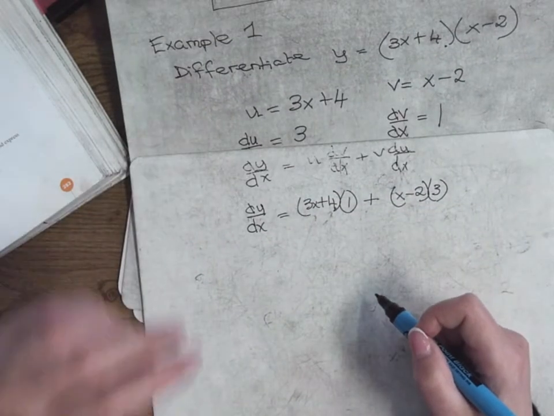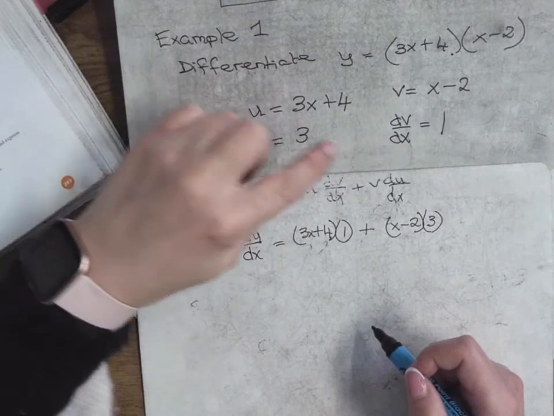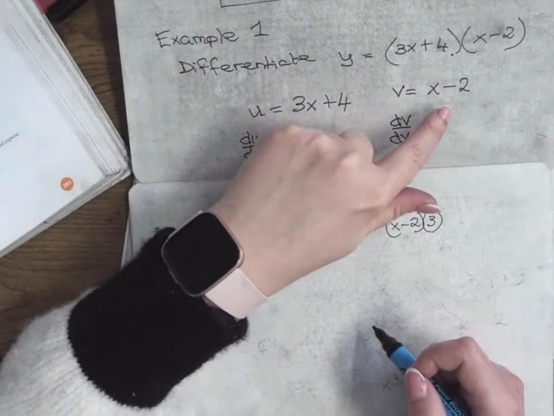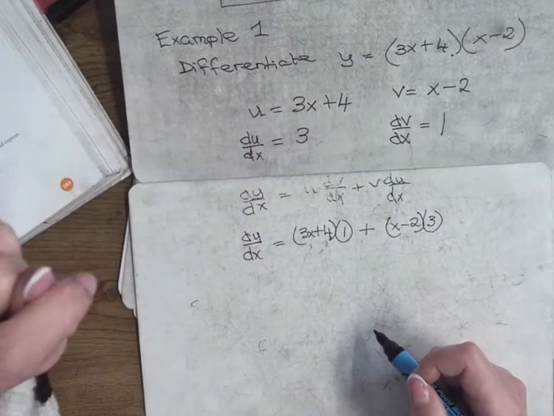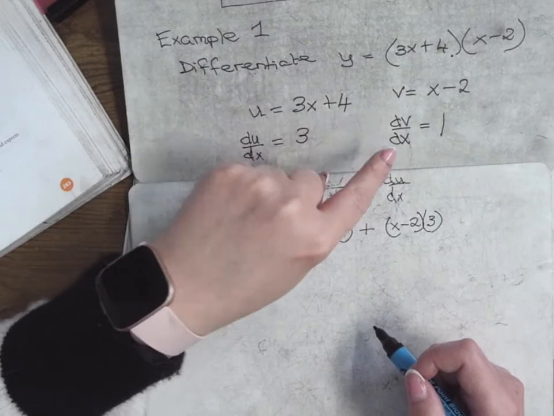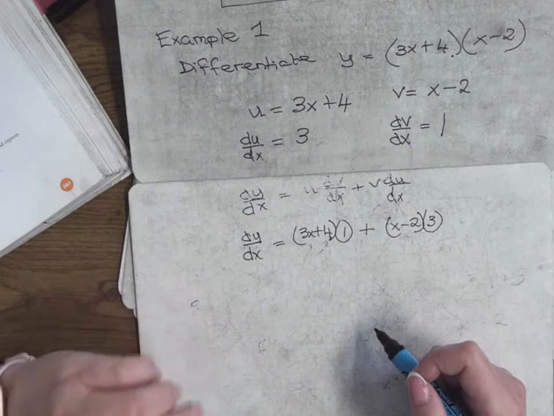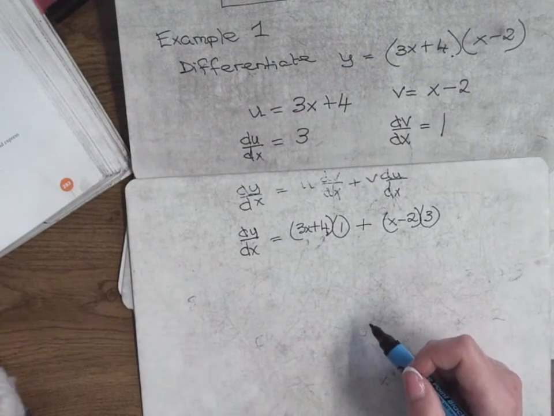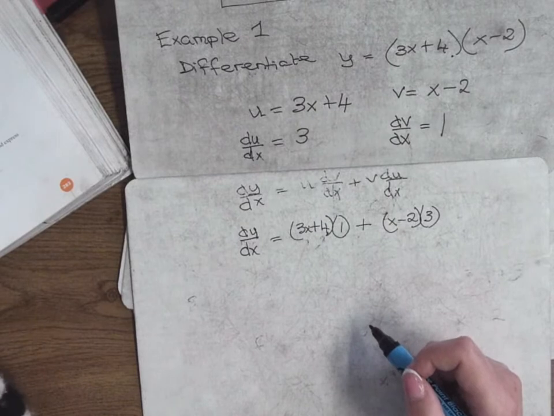So what we're doing is using this bit here. So it's this term multiplied by the derivative of the other term plus the second term multiplied by the derivative of the first term. So it's the first term by the derivative of the second term plus the second term by the derivative of the first term. Okay? You don't need to multiply out, unless you have to do something with it.